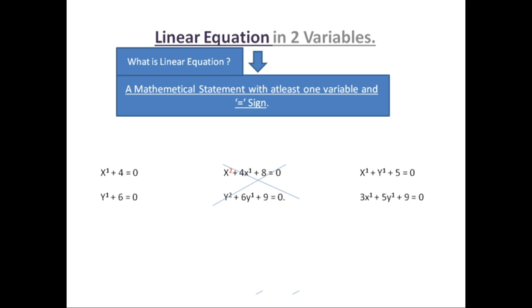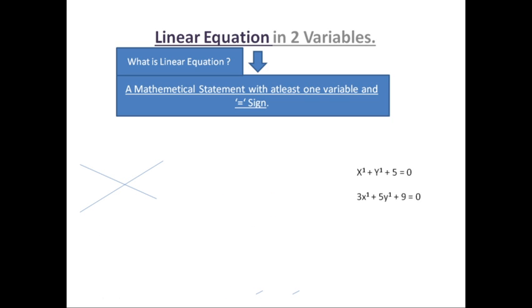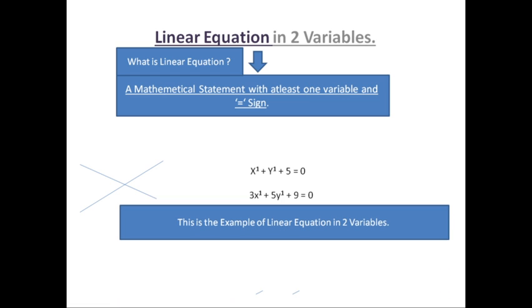We cancel this part because it is not a linear equation in two variables. We cancel this part because even this is not an example of a linear equation in two variables. We are left with this part, so we bring this to the middle, and hence this is the perfect example of a linear equation in two variables.